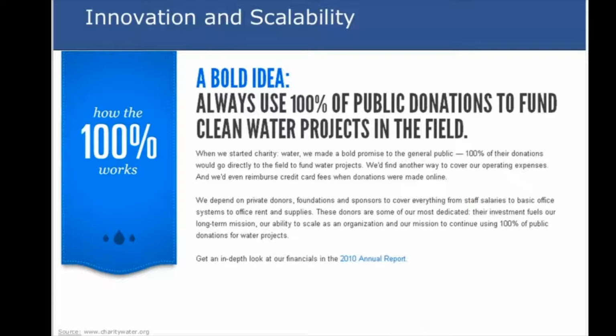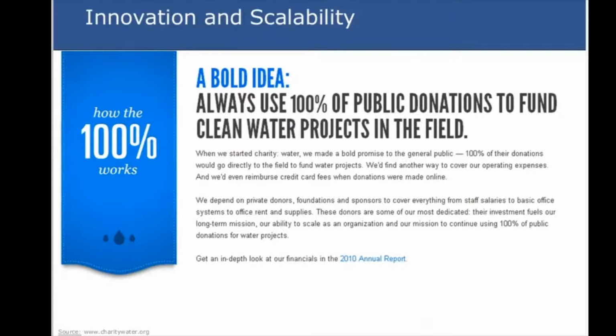In terms of innovation, this is the same organization, Charity Water. They have come up with what they're calling a bold new idea. But I think everybody on this line, if you've spent any time being a fundraiser at all, knows that we've all spent years hitting our head against that misconception in the community that too much money is spent on administration and not enough is spent on programs itself.